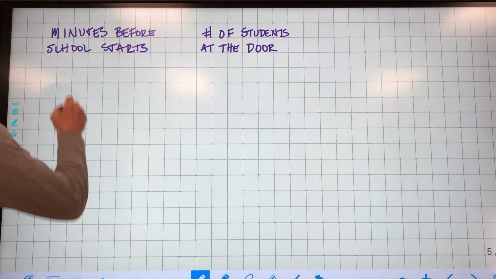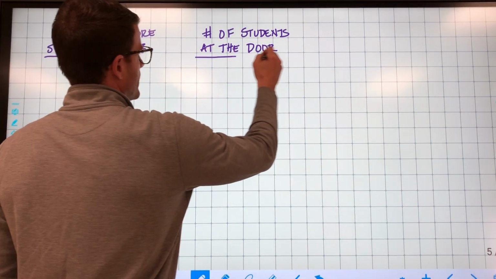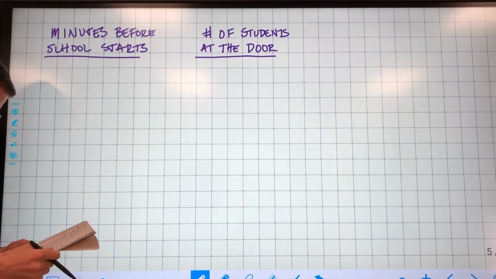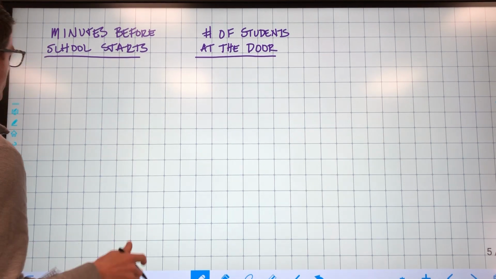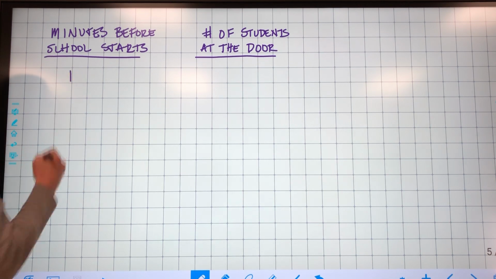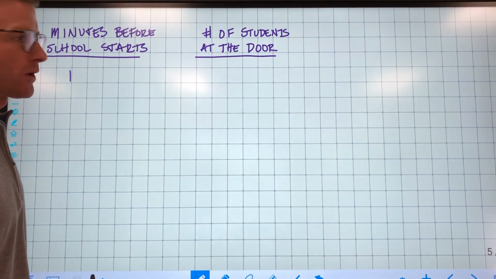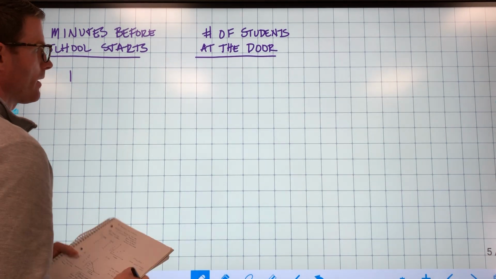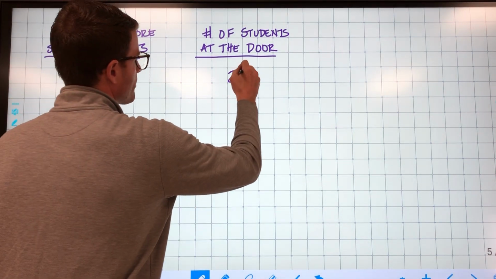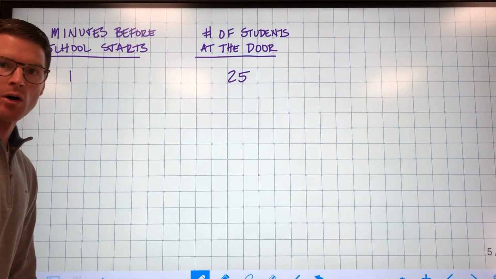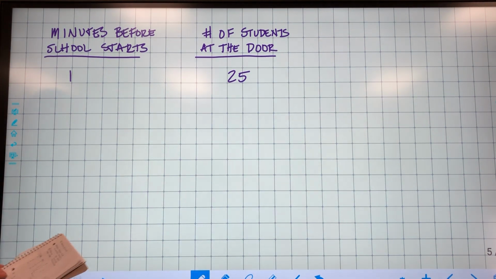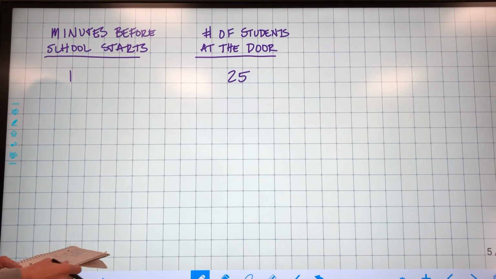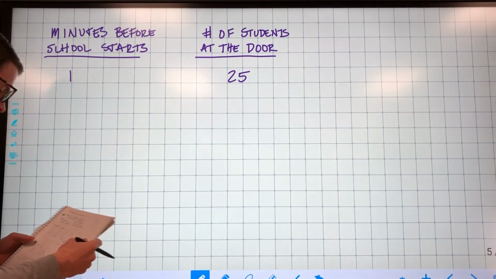Okay, so we'll make a table. So if I show up 1 minute, so the first day I did this study, I showed up 1 minute before school starts, 7:59, before those doors opened, and there were 25 students already there, waiting at the door. So 1 minute before school starts, 25 students waiting at the door.